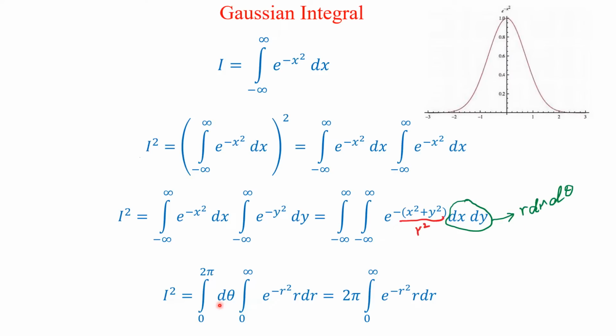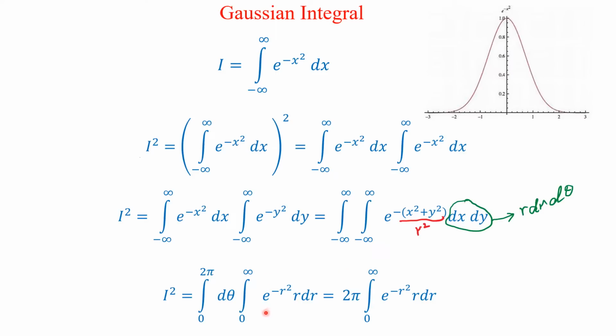So you replace x squared plus y squared by r squared, and the area element by r dr d theta. The theta part I have separated out. The theta limit should be 0 to 2 pi, a full rotation. Then r is one integral and theta is another, because I have changed to r and theta.